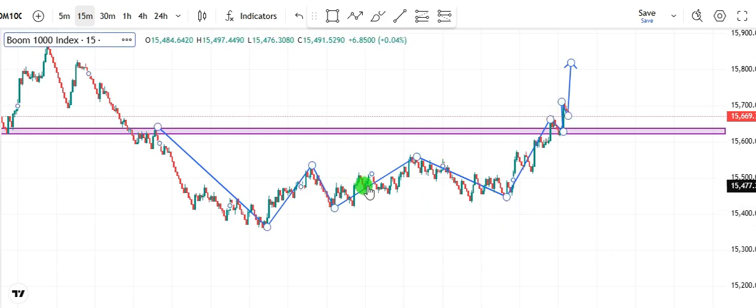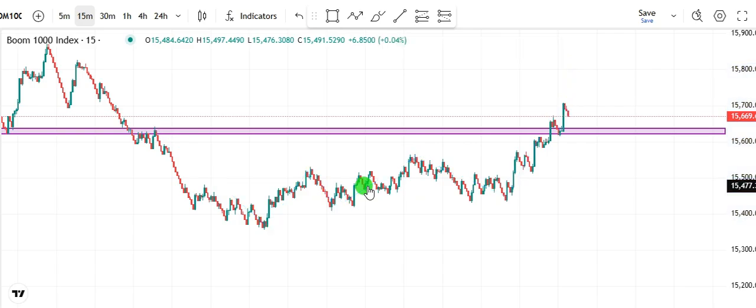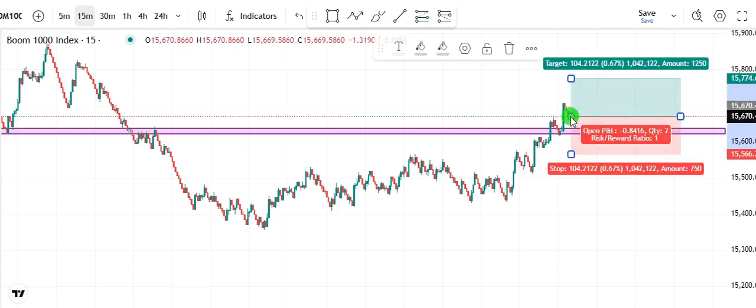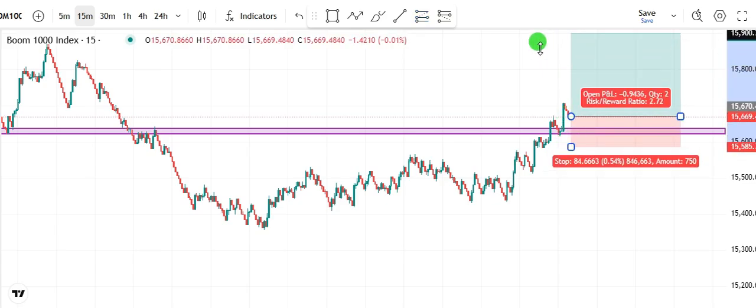I'll be going long on Boom 1000, putting my stop loss below this level, then take profit is there. Okay, just a moment, let me place my trade.